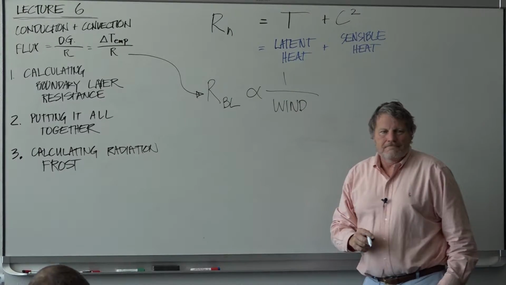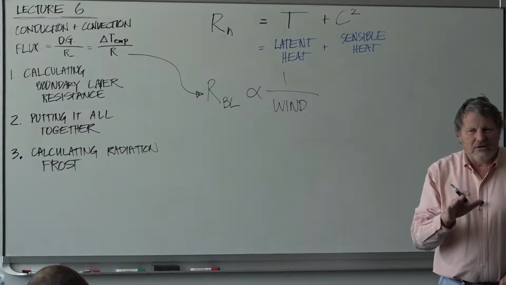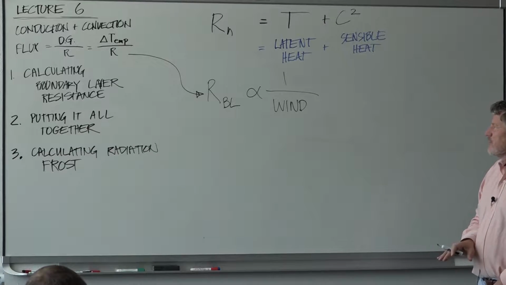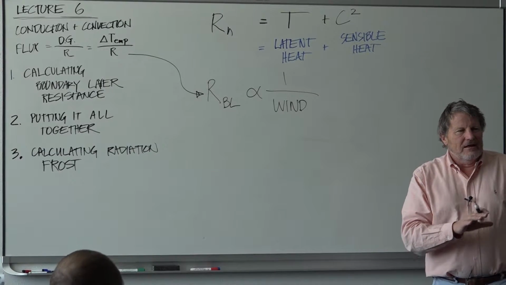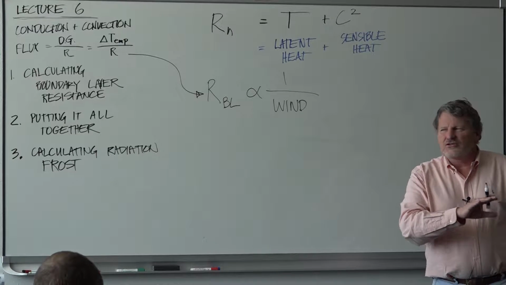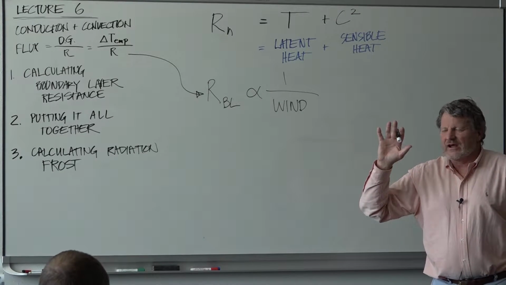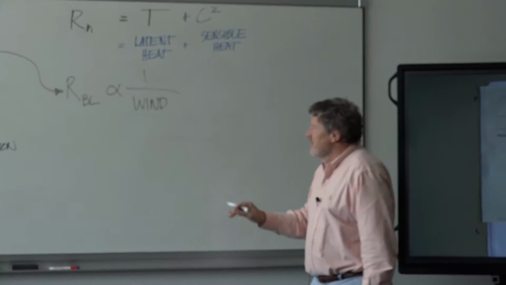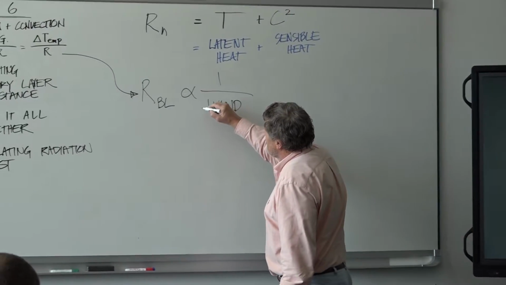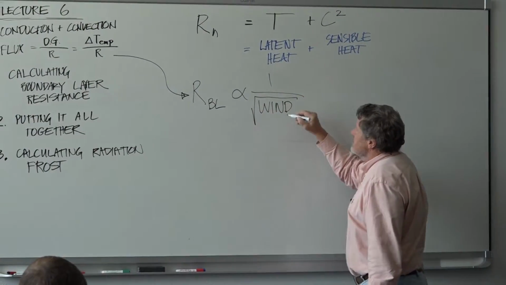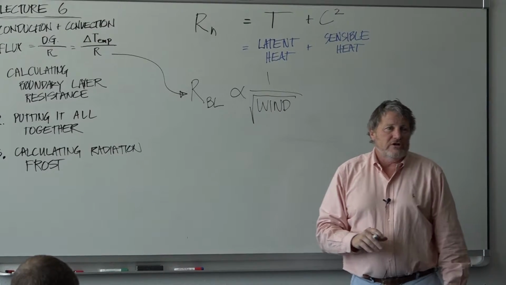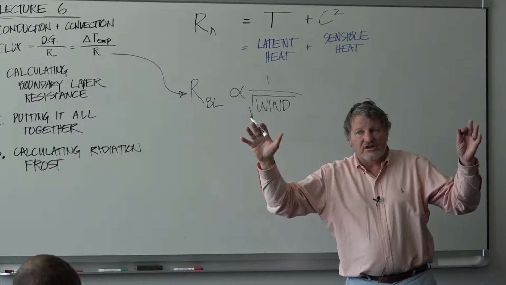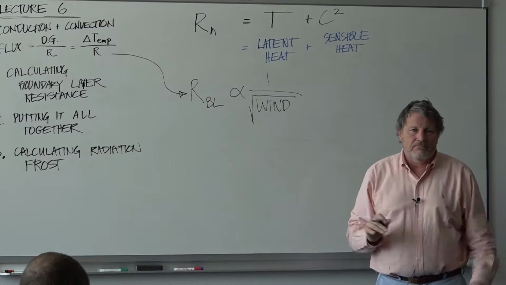That's wind speed. So there's the fundamental concept. It's proportional to wind. But like lots of heat transfer and a lot of principles of wind, it's not directly proportional. It's proportional to the square root of wind. So if the wind doubles, heat transfer doesn't double. It goes up by the square root.